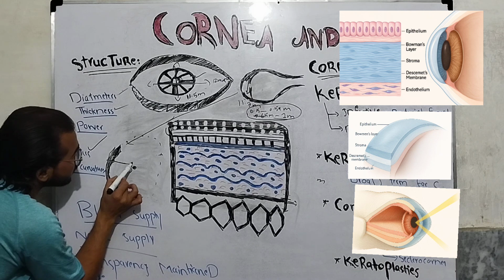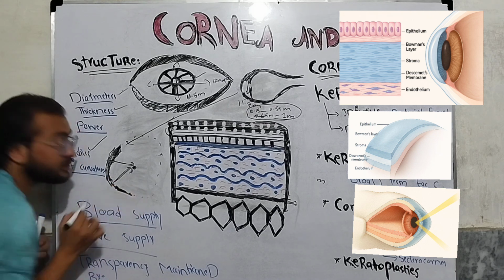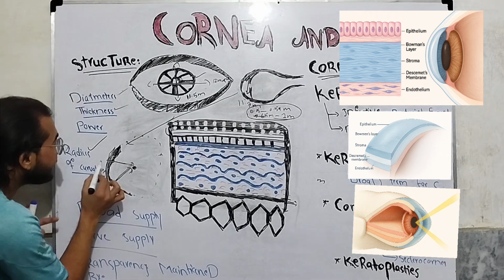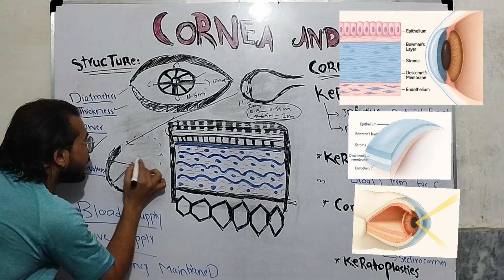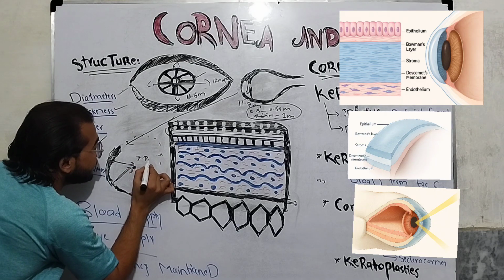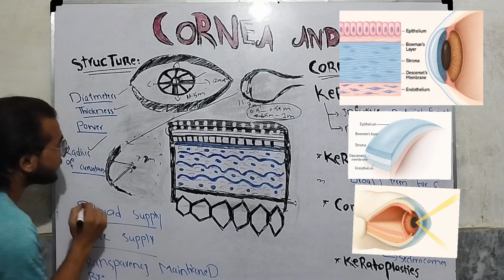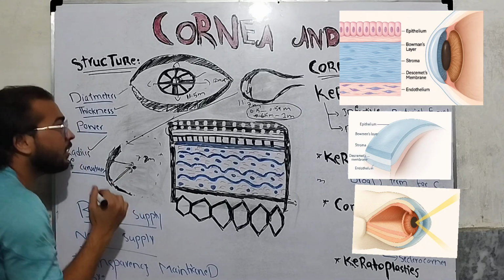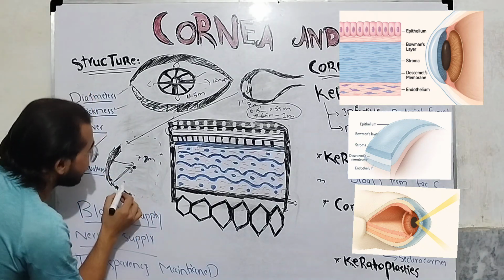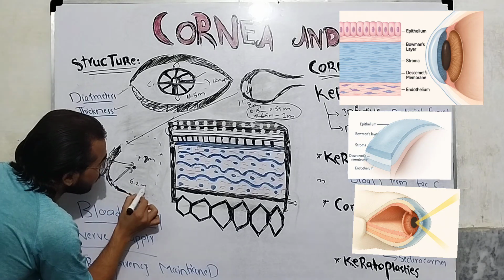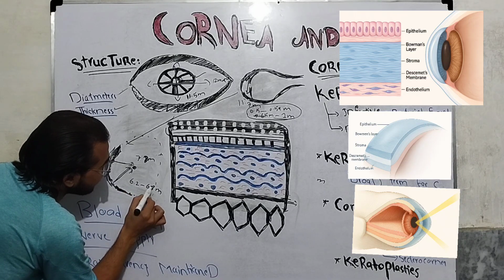This is the anterior radius of curvature and this is the posterior radius of curvature. The anterior radius of curvature is about 7.8 millimeter, and the posterior radius of curvature is about 6.2 to 6.8 millimeter.